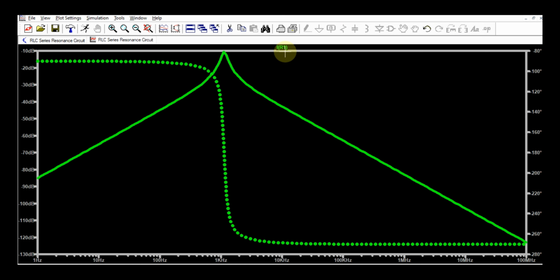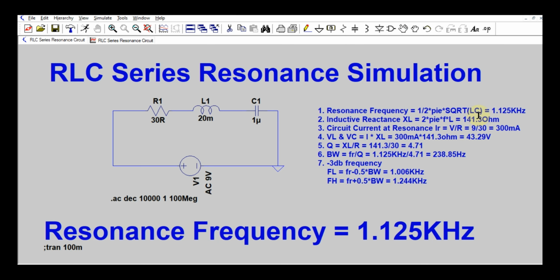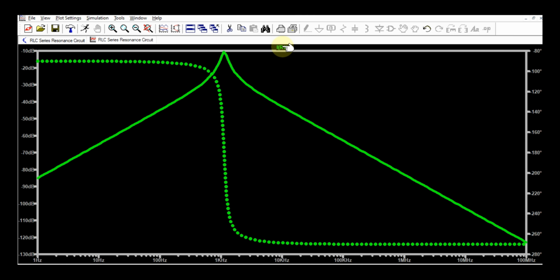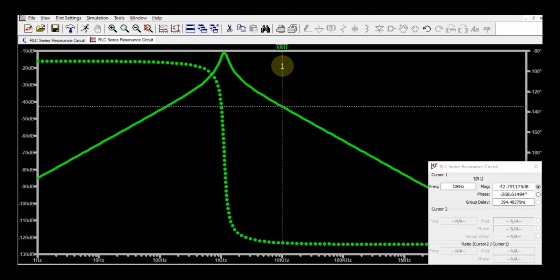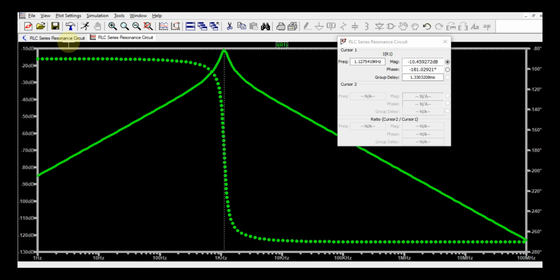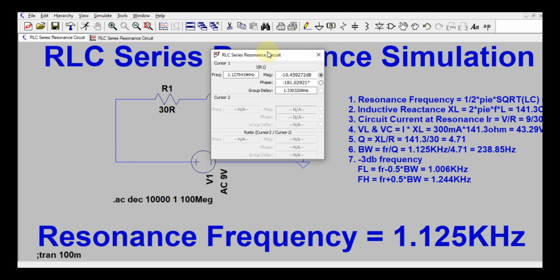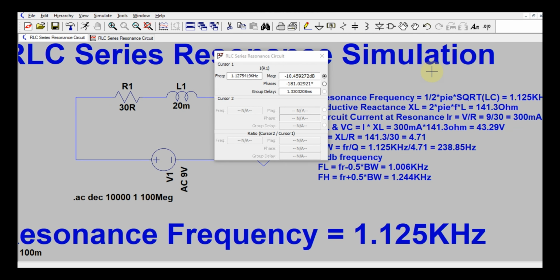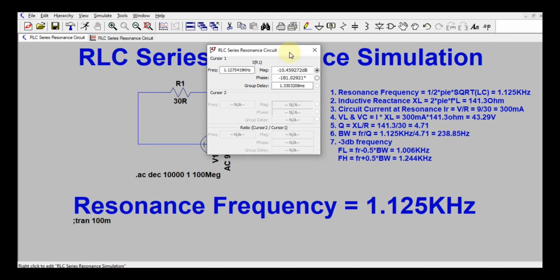So now let us see the first parameter, what is your resonant frequency. So I will take cursor 1 and I will show you the resonance frequency. You can see here your theoretical resonance frequency was, let me show you, 1.125 kilohertz, and here you can see your resonance frequency is coming 1.1275 kilohertz.